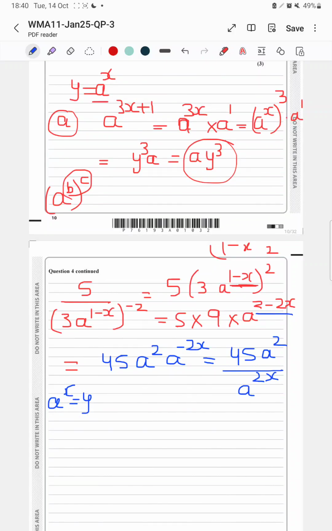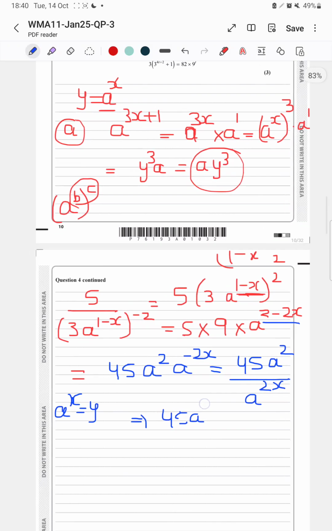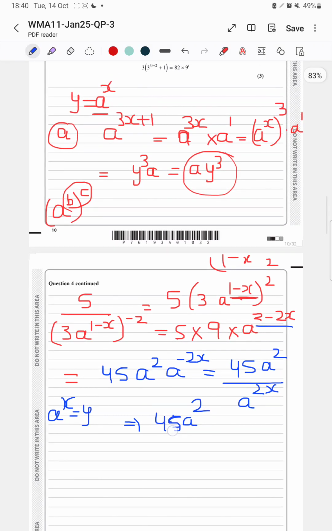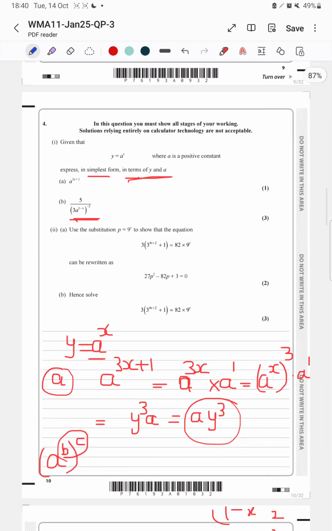So I need to make the power positive. So now I got 45a squared over (a to the power of x) the whole squared, and then I will substitute a to the power of x as y, so y squared. So this will be the answer for my second part. Again, it is in the form of a and y. This is the second part.